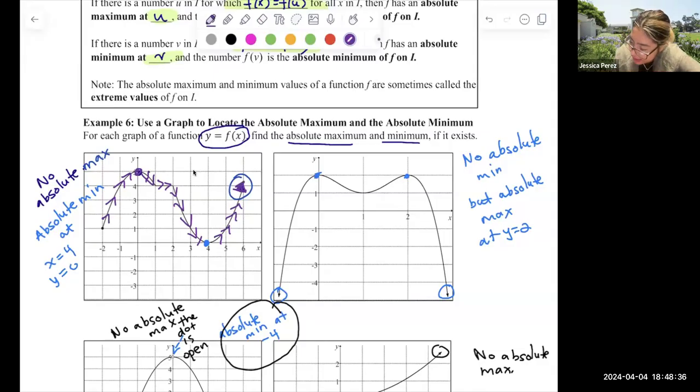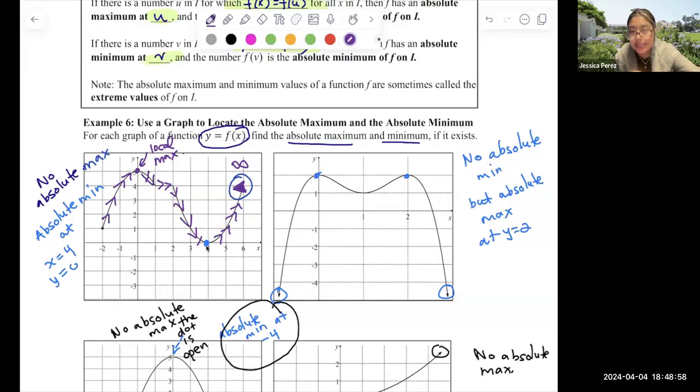Because this graph goes to infinity. We don't know what that point is. There is not an absolute, there is a local. The local max would be this one. This would be a local max, but not the absolute. This is a local maximum.